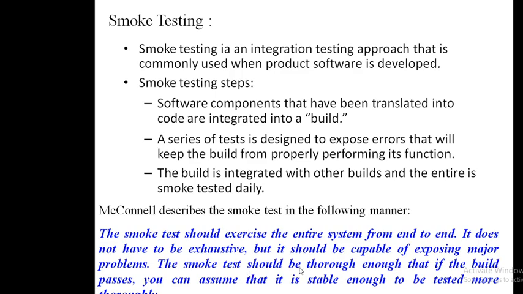The smoke test should be thorough enough that if the build passes, you can assume it is stable enough to be tested more thoroughly. So McConnell described smoke testing as being used to test the entire system from one end to the other, mainly to find errors thoroughly and rectify them.